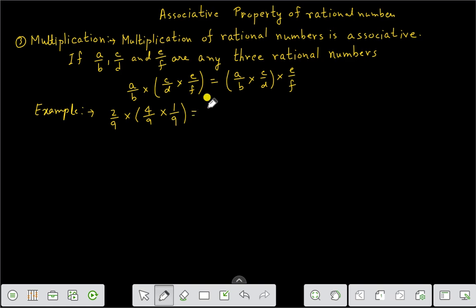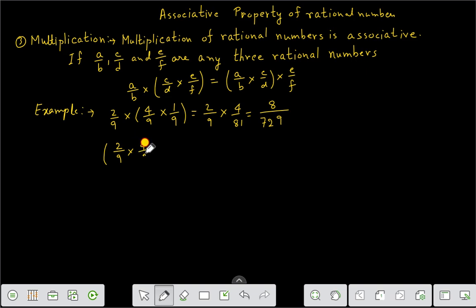We multiply, we will get, that is 2 by 9 into 4 by 81. If we multiply this one, it will be 4 twos are 8, and 9 and 81 is 729.